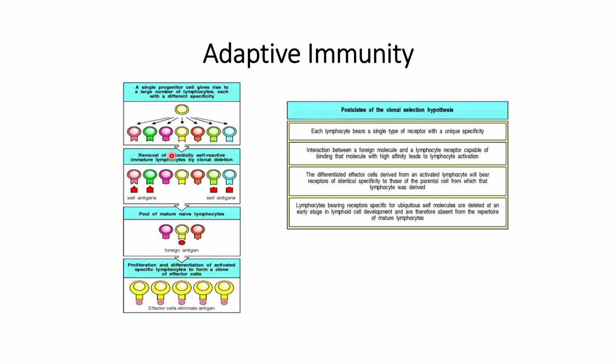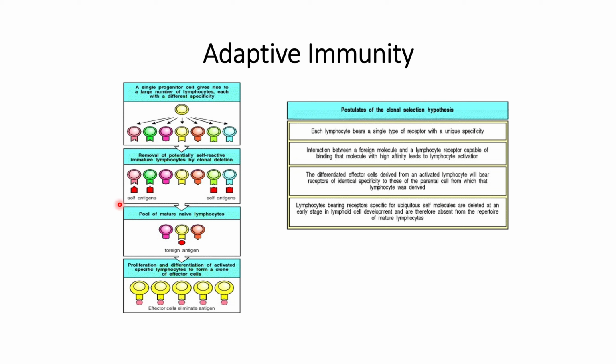However, there is a possibility that some of the receptors produced by lymphocytes are self-reactive, our self receptors. That might lead to an immune response against our own body parts or our own cells.